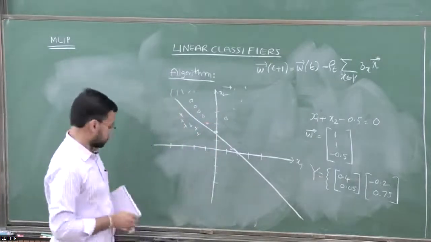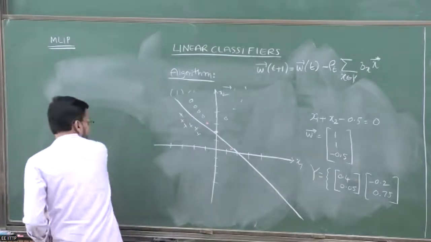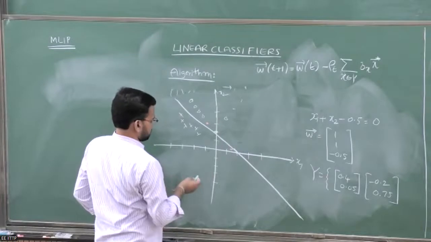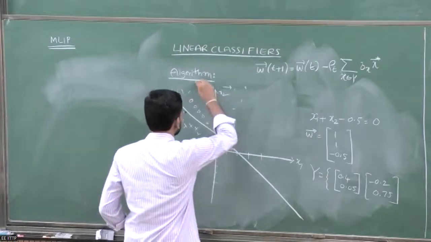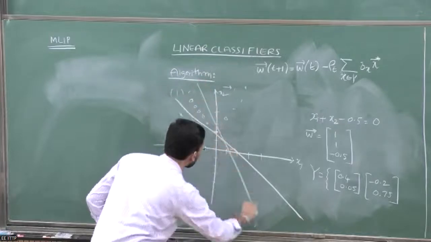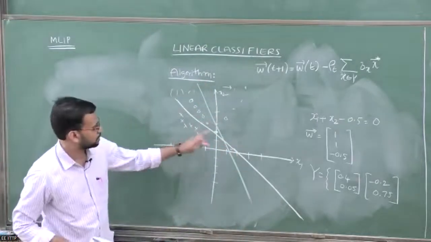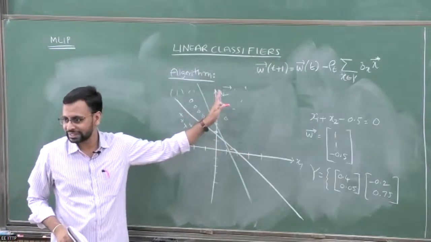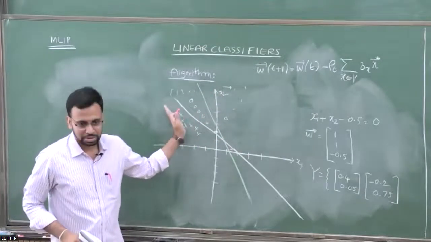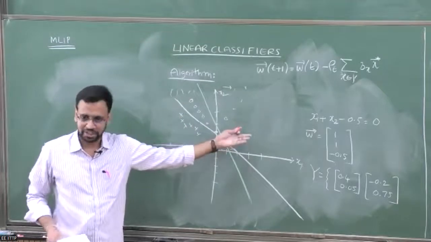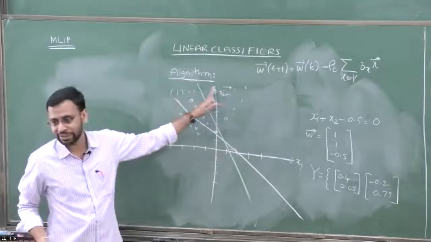So what ideally should happen now? My line should move. I'm just drawing a line. We would have to look at where the other points are too. How many possible lines can be drawn here? An infinite number, unless I tell you where the other points are.